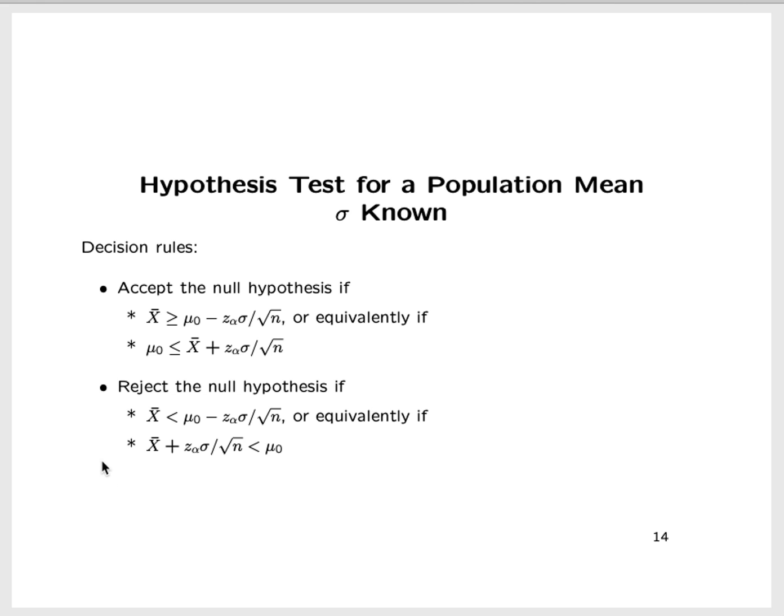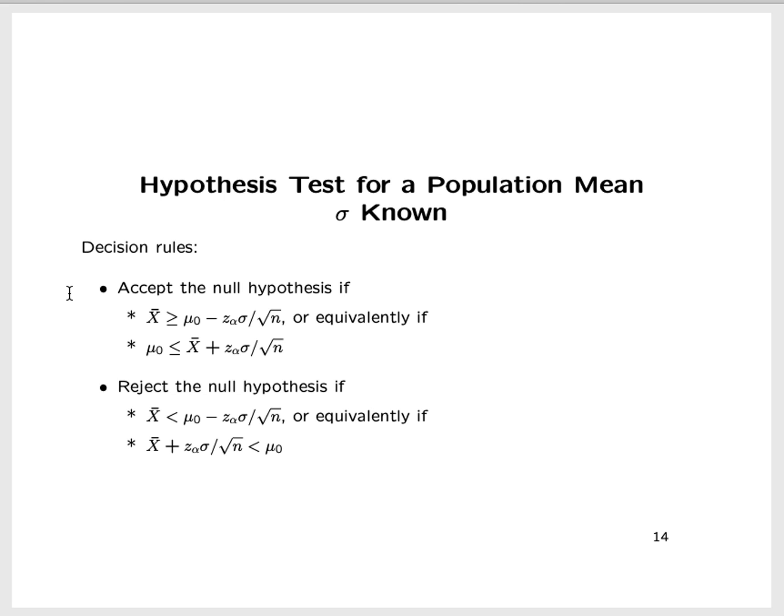Now, again, we can reformulate or restate these acceptance and rejection rules in terms of the hypothesized value mu sub 0. We stated it in a slightly different way.